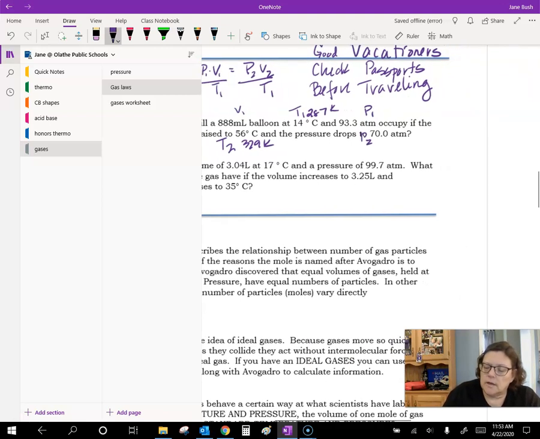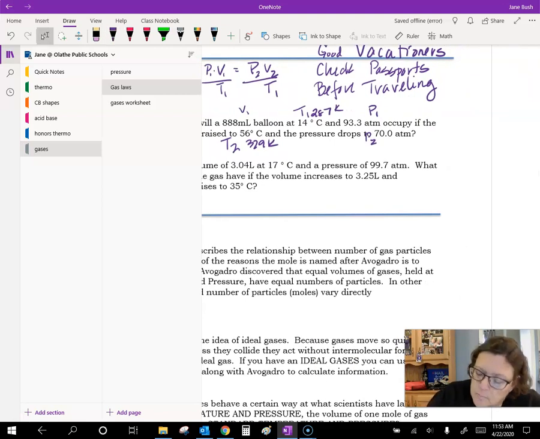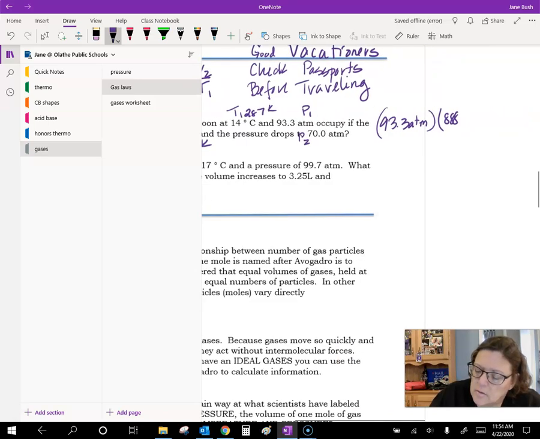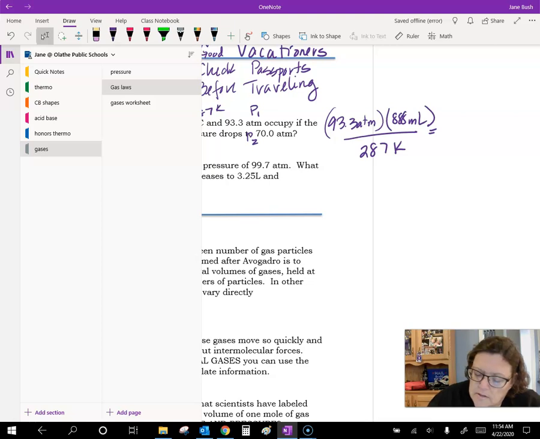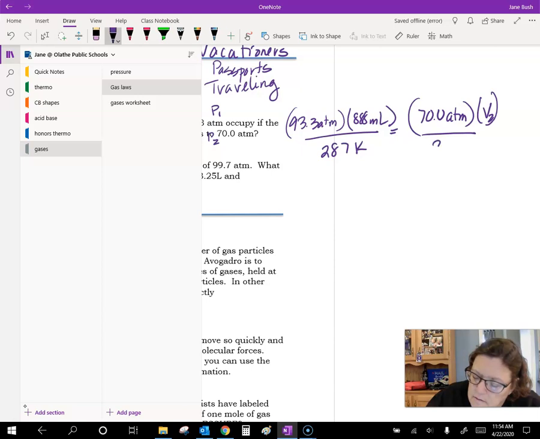So I'm going to write them over here so I have a little bit more space. P1 is 93.3, so P1 times V1, 888 milliliters, divided by T1, which was 287 Kelvin, is equal to P2, 70 atmospheres, times V2, which is what we're solving for, divided by T2, 329.